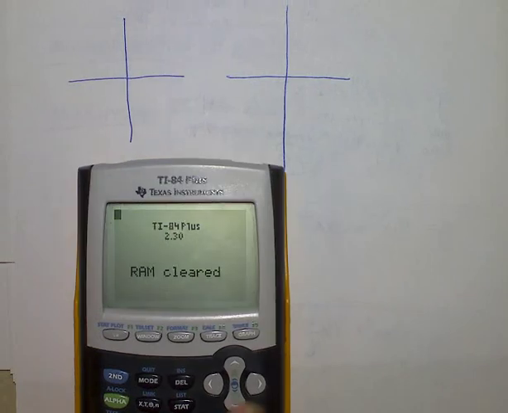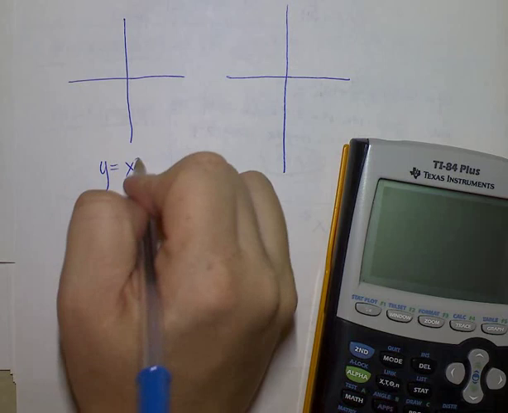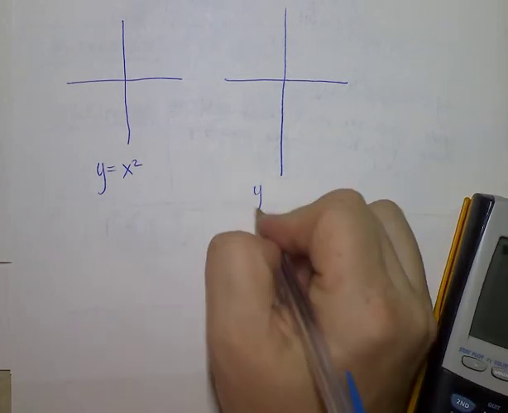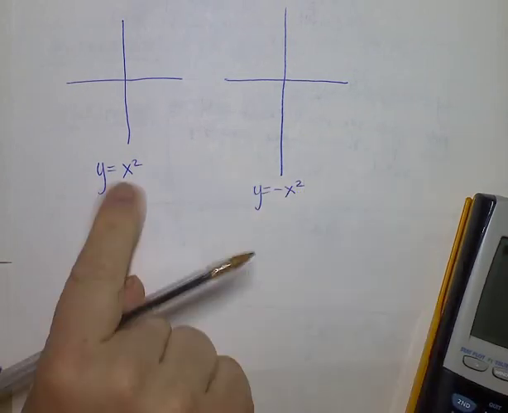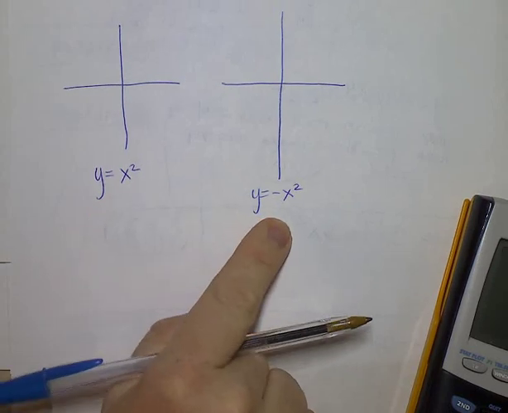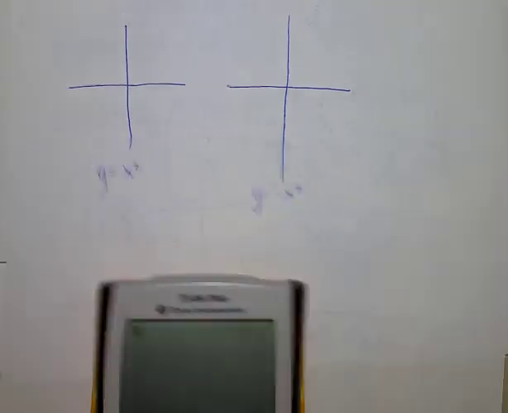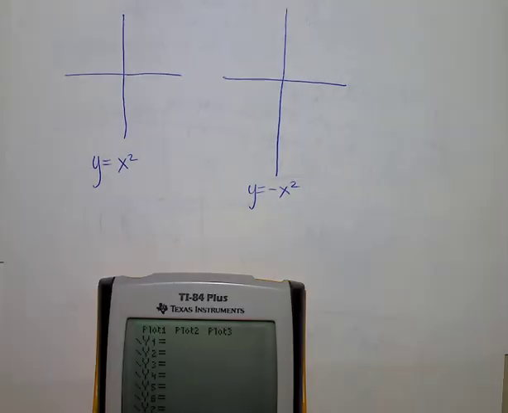Let's just keep it real simple. We're going to do y equals x squared. Okay, hold on here. And then we're going to do y equals negative x squared. I want all females to plug this in. I want all males to plug this in. You have 15 seconds to get a graph. Ready? All females, all males. Go. You don't have to change the windows at all. Just graph it.